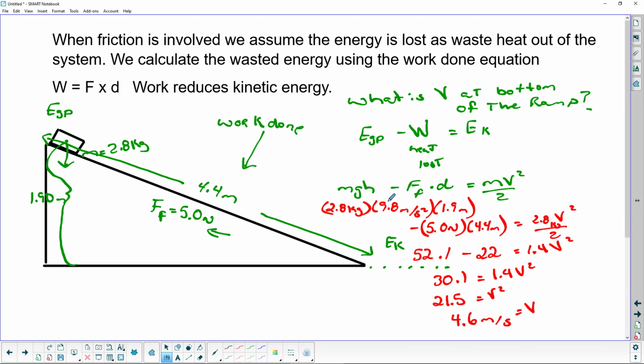We just look at losing it to the atmosphere or to the air. And if you did this lab where you're sliding things down and calculating the velocity at the end, you would actually lose energy because of the friction. Sometimes if you don't lift the ramp up high enough, it doesn't even move because the friction just holds it there. So that's an example of using friction in a ramp problem.